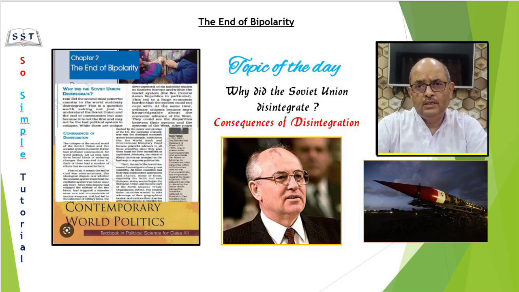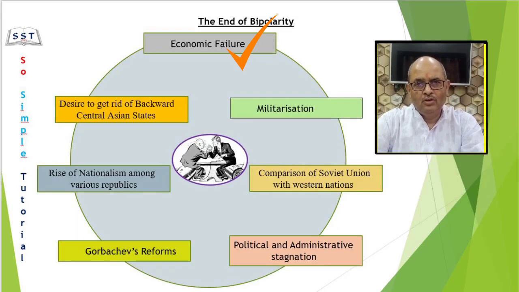Students, no single reason can be attributed as the cause of disintegration. Let us discuss them one by one. First, economic failures. There is no doubt that there were internal weaknesses of the economic institutions.